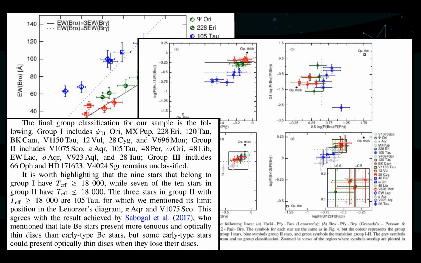But as the envelope is at some moment lost, the envelope can pass through an optically thin state while it is losing. So in group 2, there could be both early and late type stars.